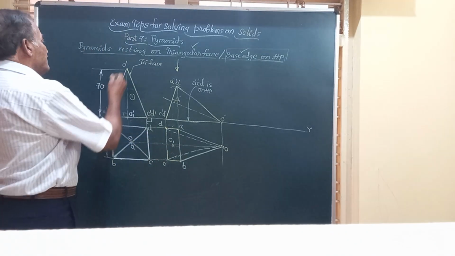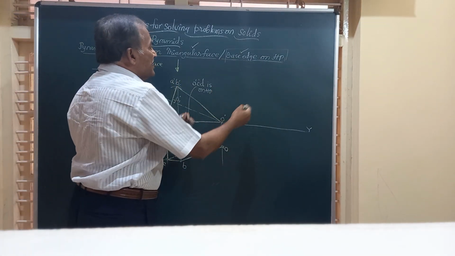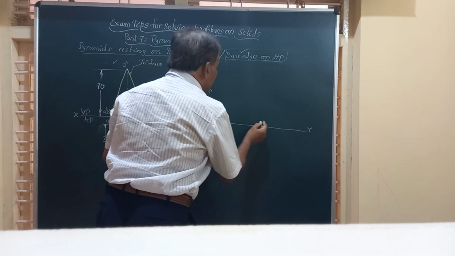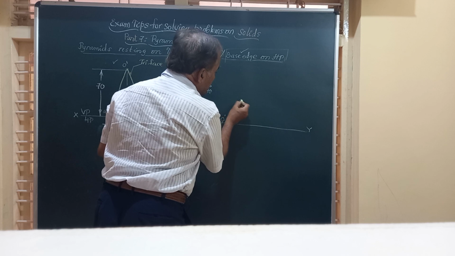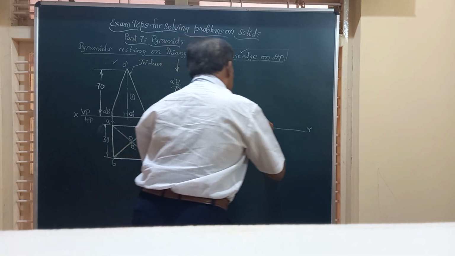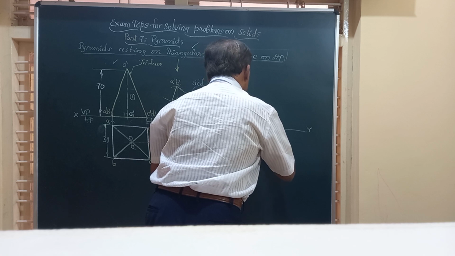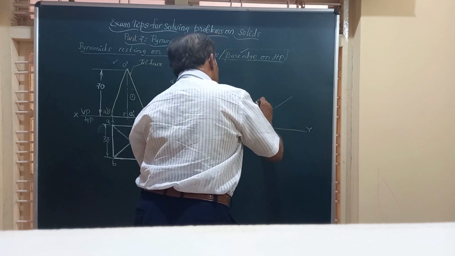So the first step is common. Instead of this now, since it has to rest on a base edge, friend, I will complete that figure and show you the construction. A line from here, say, I will tell you how to construct this also.